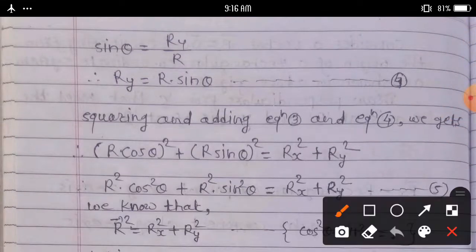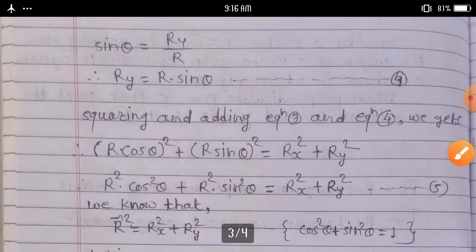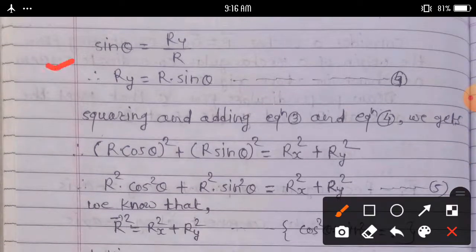Then we can find the magnitude of the other component. From the figure we can calculate sin theta is equal to Ry upon R. So Ry is equal to R sin theta.